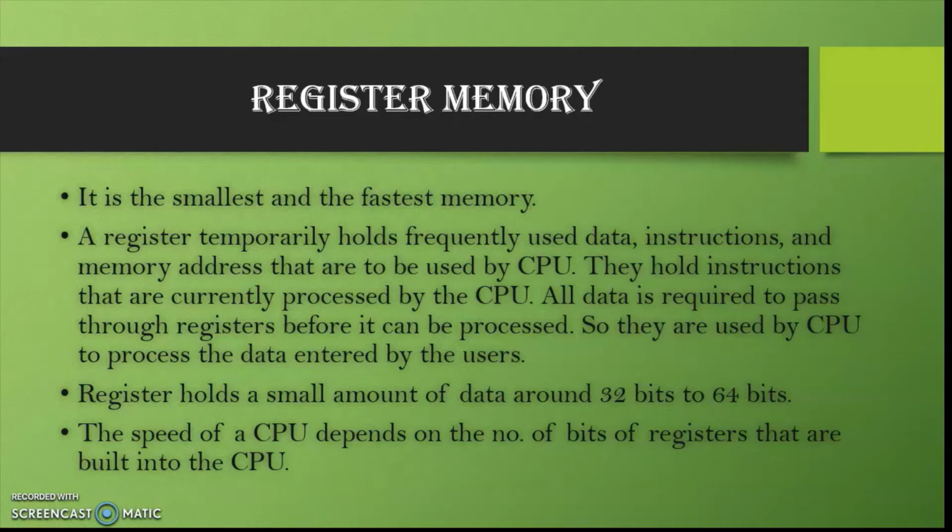All data is required to pass through registers before it can be processed. So they are used by the CPU to process the data entered by the users. A register holds a small amount of data, around 32 bits to 64 bits. Last, the speed of a CPU depends on the number of bits of registers that are built into the CPU.